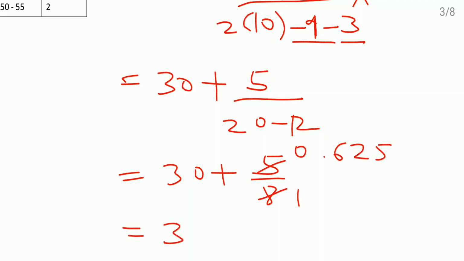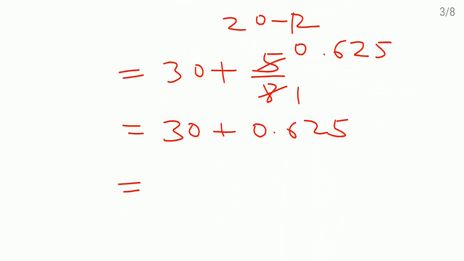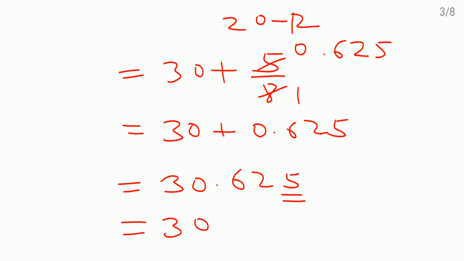So which is equal to 30 plus 0.625. So here we'll write down 30.625. If I want to remove this decimal place, the previous digit will get increased by 1. So 30.63. This is the mode of the data.